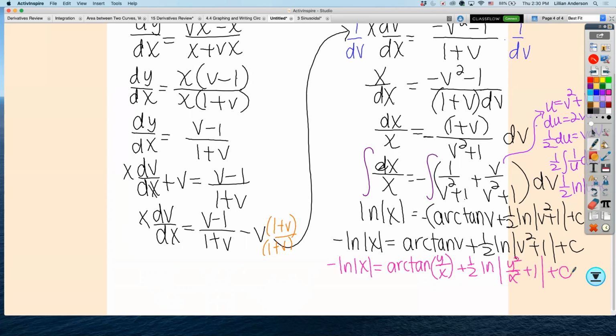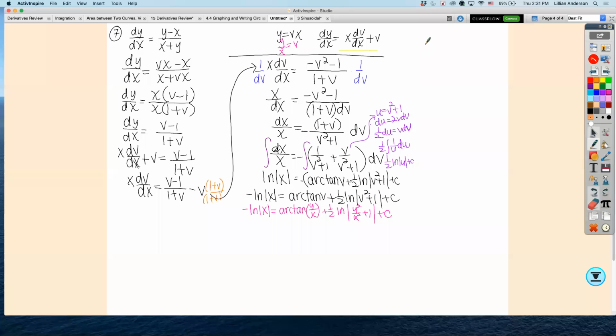And now, oh, it's going to keep getting smaller and smaller. What I'm going to do is take this that's inside the absolute value and make it into a common denominator by multiplying that 1 by x squared.